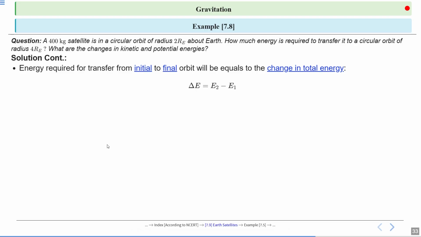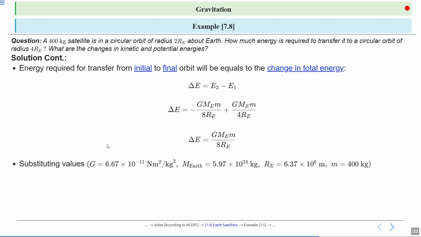So the change in energy, denoted as delta E, is calculated by subtracting the initial energy E1 from the final energy E2. So we have delta E is equal to E2 minus E1. So delta E is equal to minus G Me m divided by 8 Re plus G Me m divided by 4 Re. So delta E is equal to G Me m divided by 8 Re.